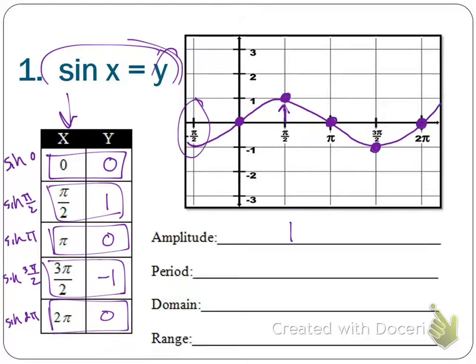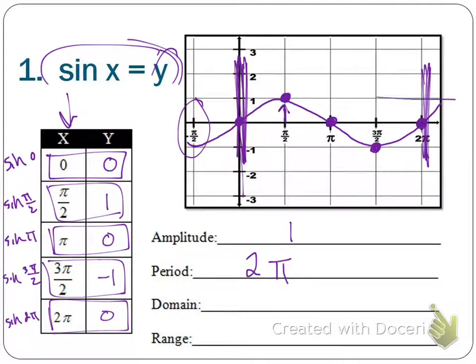So let's go back to our first graph. The amplitude is 1. The period is how long it takes our sine graph to start at the x-axis, go up, down, and come back to the x-axis. From 0 to 2 pi is how long that took, and so our period is 2 pi. Domain. What can I possibly put in for x?